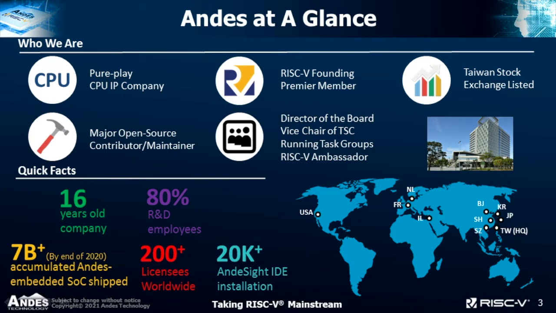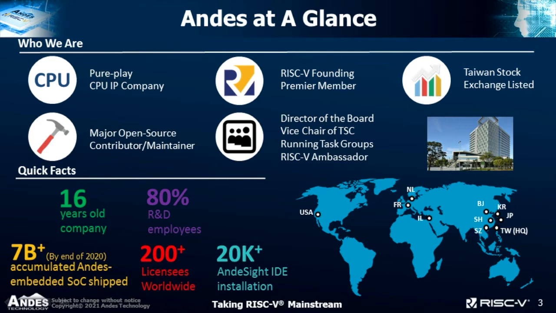Before we start, I believe there are some audience members who may not be familiar with Andes. So I'm going to give you a short Andes brief about who we are. Andes Technology is a 16-year-old pure-play CPU IP public company with headquarters in Hsinchu, Taiwan. We are a RISC-V founding and premier member and very active in RISC-V International.